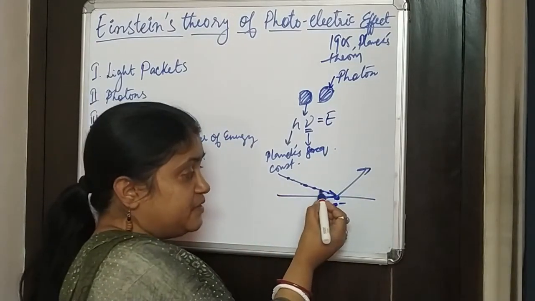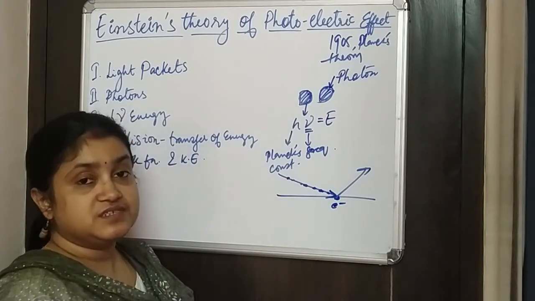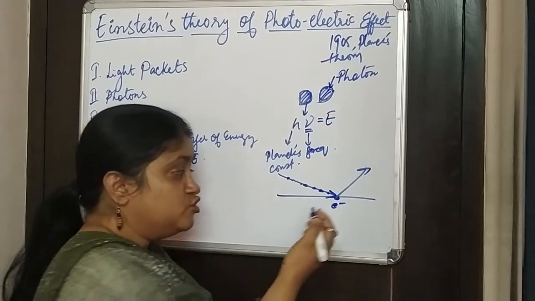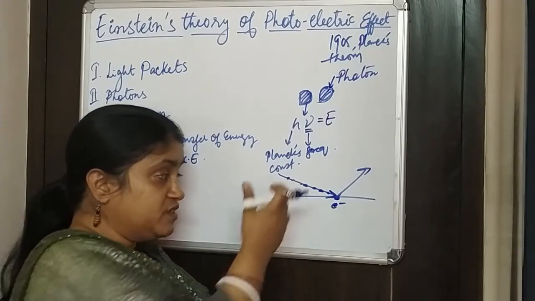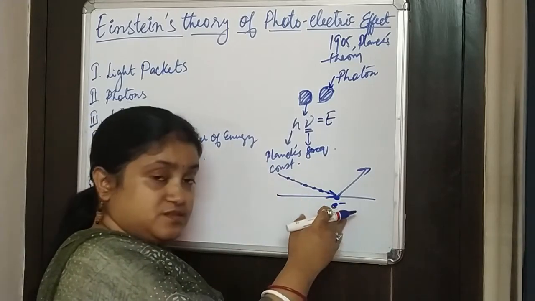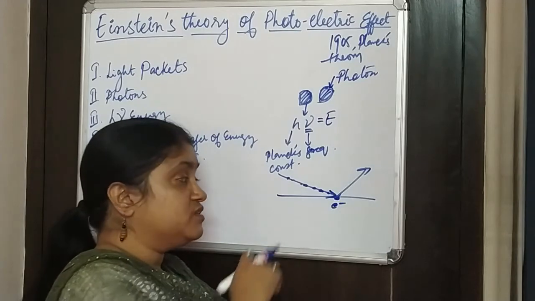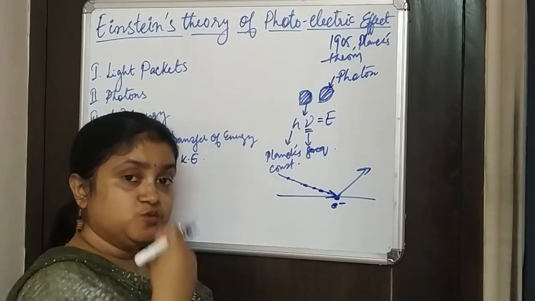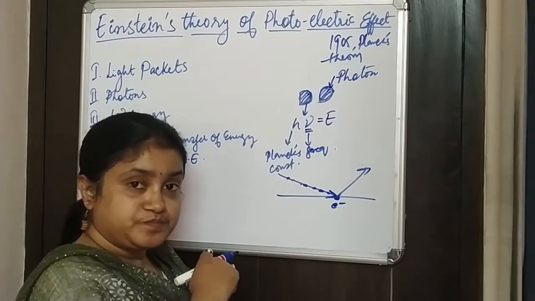So photons with a certain frequency have certain energy, and if that energy is enough to knock the electron out, when they collide with the metal surface, the photons are able to transfer their energy completely to the electron.